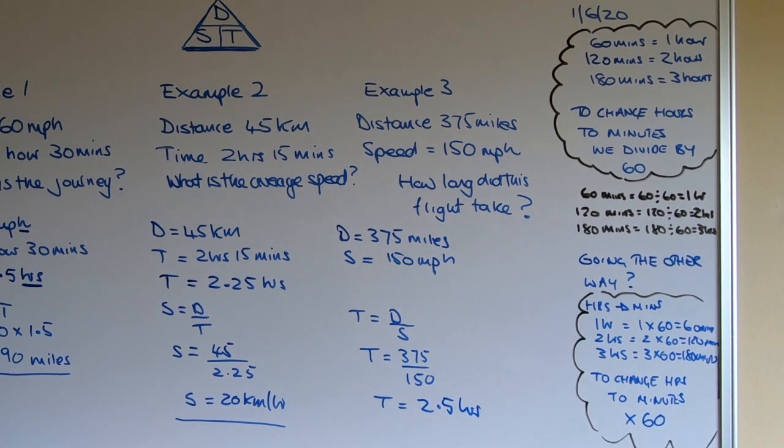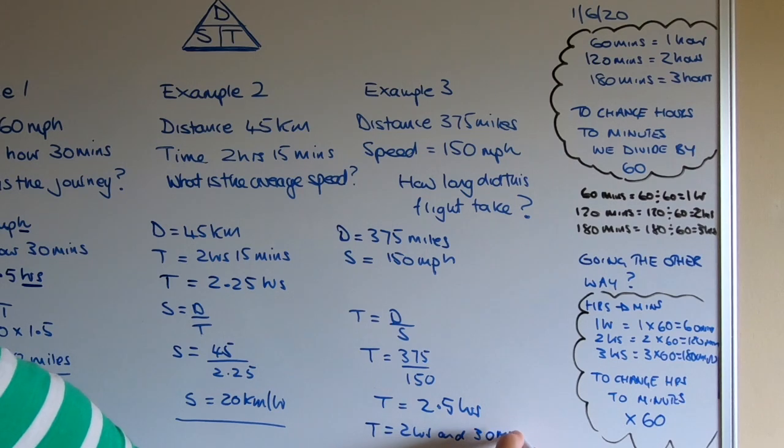Now that's absolutely fine, but sometimes they say give your time in terms of hours and minutes. So 2.5 hours, 0.5 of an hour, that's a half. So half of an hour is 30 minutes. So we could say that time is equal to 2 hours and 30 minutes.